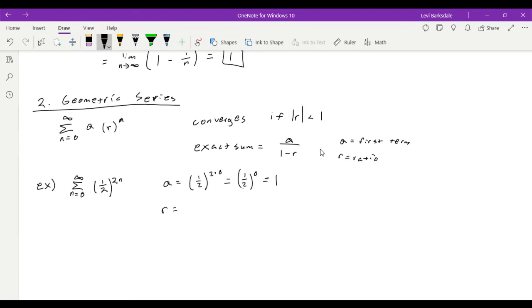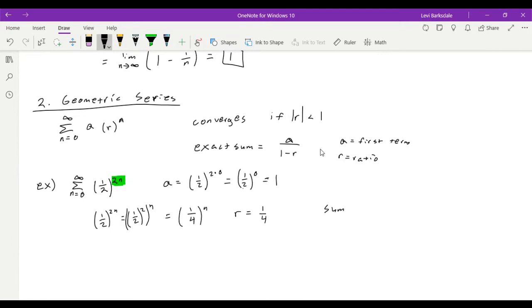Now our ratio, you might think is 1 half at first, but it's actually not because we have this 2n up here. Our ratio is based off of what happens when we have just one n, so we can rewrite 1 half to the 2n as 1 half squared to the n, which is then equal to 1 fourth to the n, so our ratio is actually equal to 1 fourth.